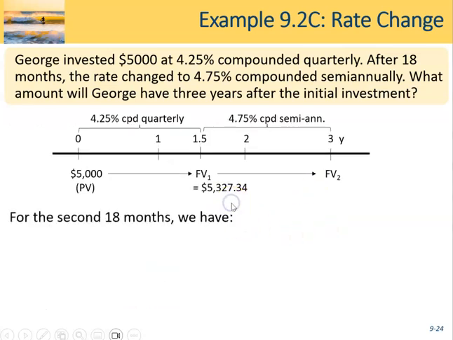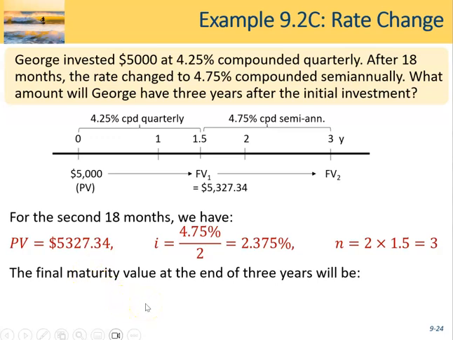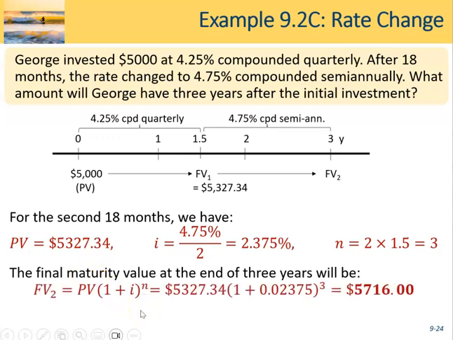Now for the second 18 months, we have 4.75% divided by 2, which gives you your periodic interest rate of 2.375%. Your N is 2 compounding periods in a year times 1.5 years, so your N equals 3, and your present value, as I mentioned, is 5,327.34. So the final maturity at the end of the 3 years will be $5,716.